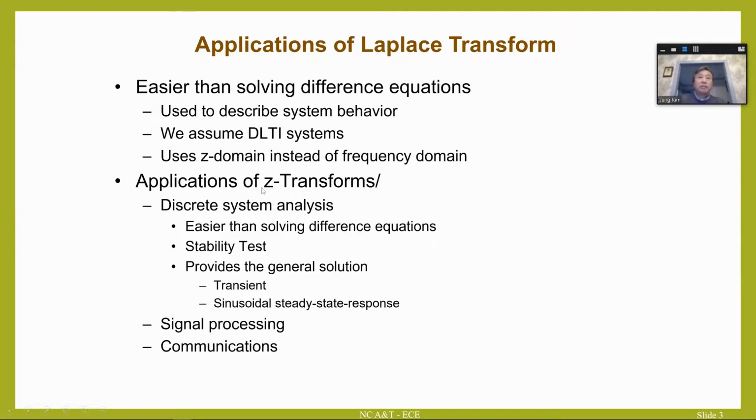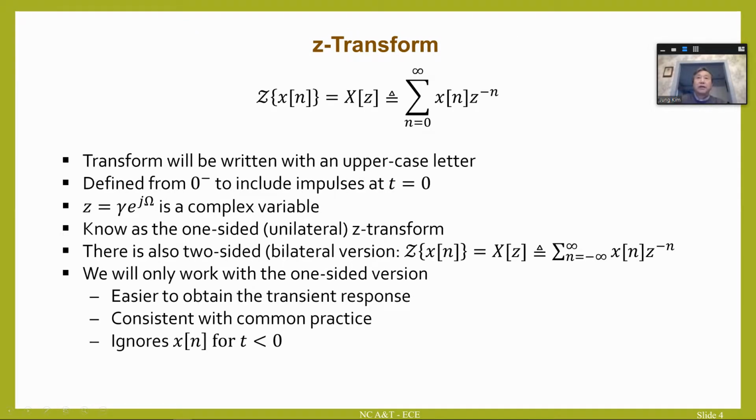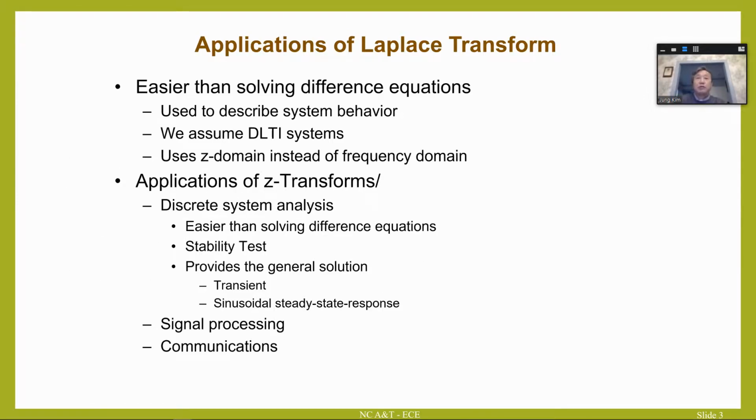Most of our applications for the Z transform are discrete system analysis, stability, solving the difference equation, and the transient response and steady-state response for the discrete-time system and the digital system. Also digital signal processing, communications, image processing, and many other applications. Even digital control, robot control, everything in control uses the Z transform. You have to understand that.